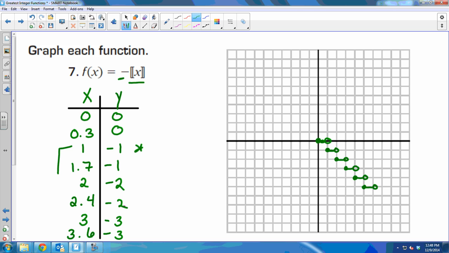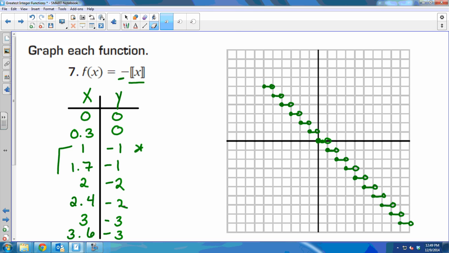You don't have to keep graphing this, but this is what it'll look like, because every decimal value in between is going to have the same value. No, you just don't do it that way. So that's a good question.